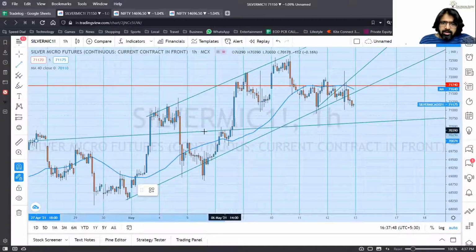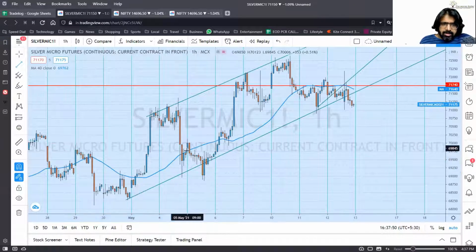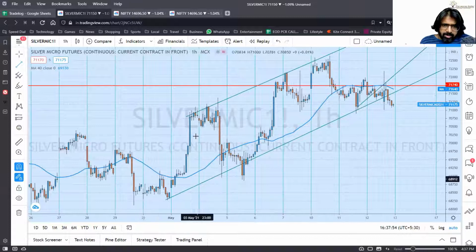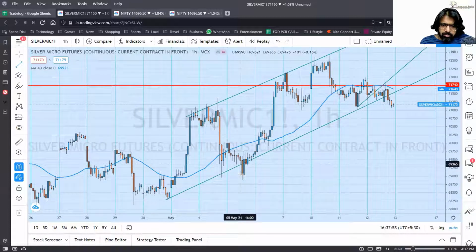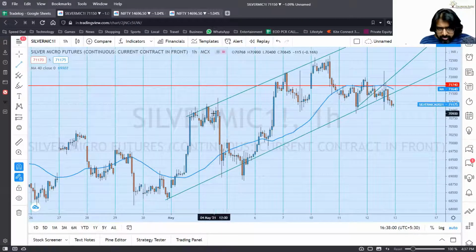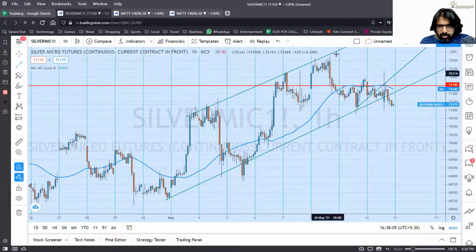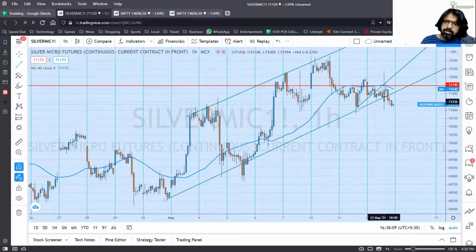Now, in this period of time, I had the price crossing the moving average several times, going up, going down. Now it went below the moving average, but there was a trend line here which was supporting it. Again, here it went below the moving average. There's a trend line here that's supporting it.